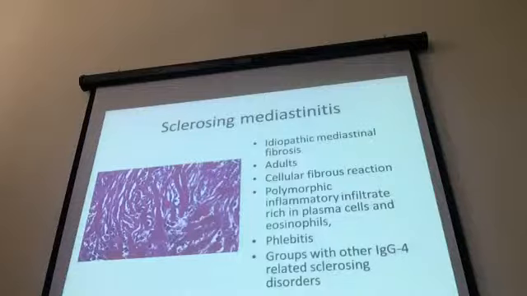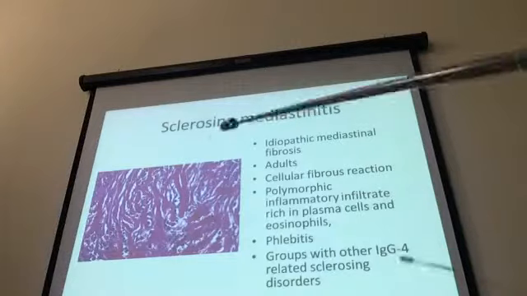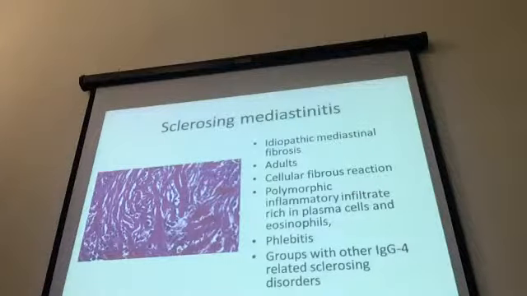So this is a group of diseases that is being unified, with similarities between different organs, and the diagnostic criteria are beginning to be refined, but it's an important thing to recognize because usually they will respond to steroids, and that will relieve the problem. So being able to identify these can be very important to avoid major surgery.